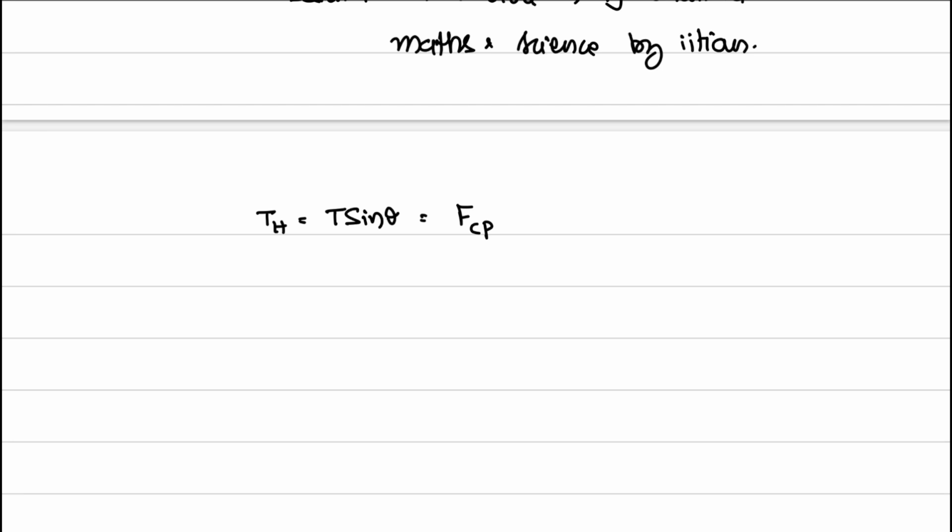What is centripetal force? You know very well from your basics: centripetal force is equal to m r omega square.